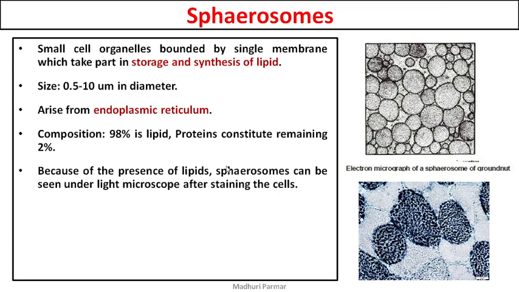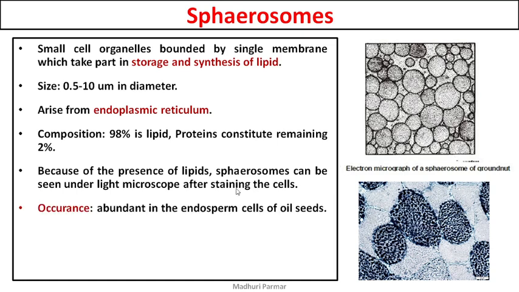Because of the presence of lipids, spherosomes can be seen under a light microscope after staining. You normally stain it with dyes like Sudan black, okay? And when you look at it under a microscope, this is the whole cell, but it is storing a lot of oil. These oils will be present in what you see, this granular structure. Each of these granular structures is actually a spherosome storing lipid.